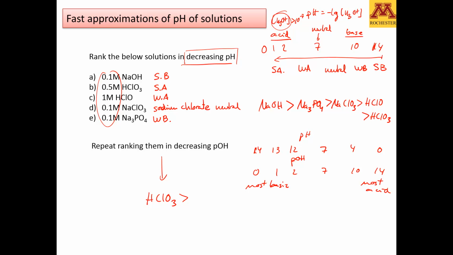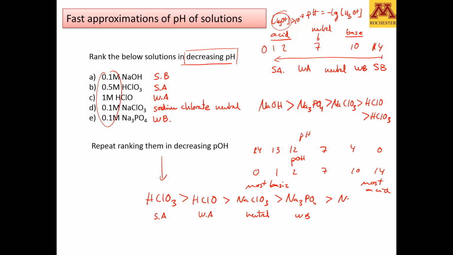Okay, so I'm just going to write everything again. So this is my strong acid, this is my weak acid, followed by my neutral compound, followed by sodium phosphate, which is a weak base. This is neutral.